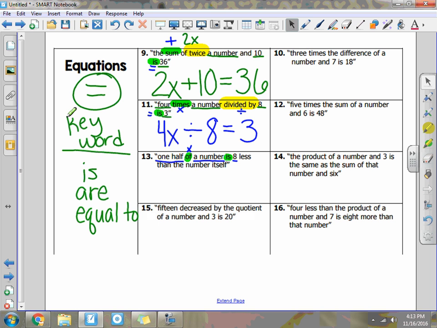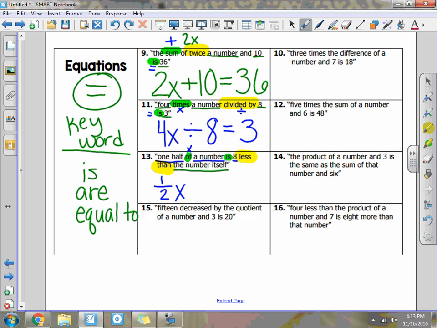Now I have that really tricky less than. Remember, less than is one of those turnaround phrases that I have to be careful of. Is 8 less than the number itself? So I'm talking about the same mystery number here. So I'm going to go through and pick each piece apart. I'm starting out with 1/2 of that mystery number.